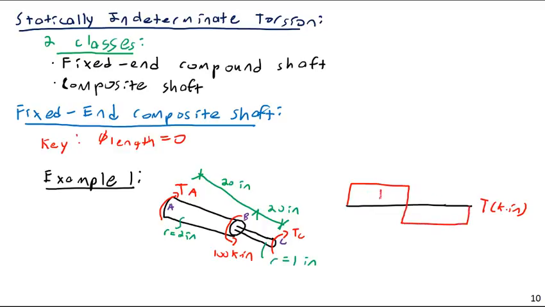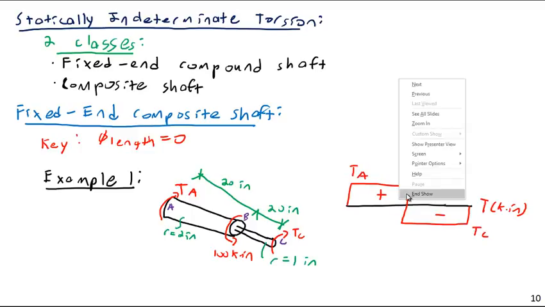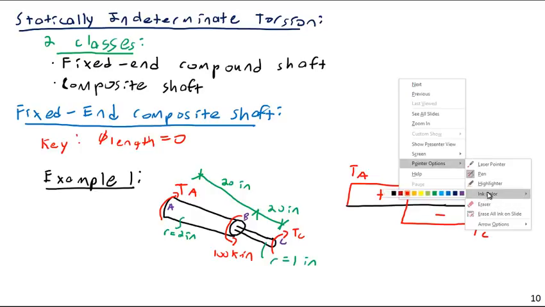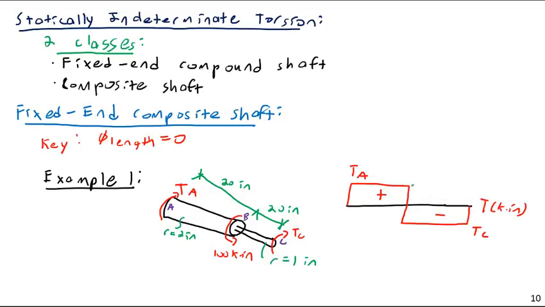This is going to be positive torque, and this is going to be negative torque based upon the right-hand rule. This is going to be TA, and this is going to be TC. However, the distance between them is going to be 100. We don't actually know the values of these yet because it is indeterminate. There's going to be a 100 kip inch difference between TC and TA, but we don't know the value of each.